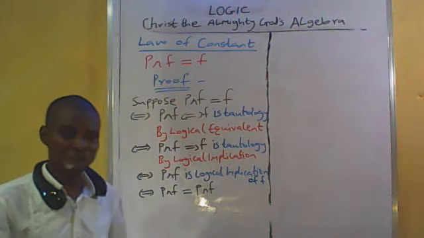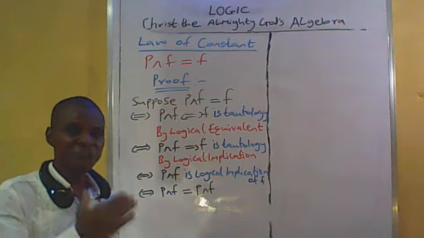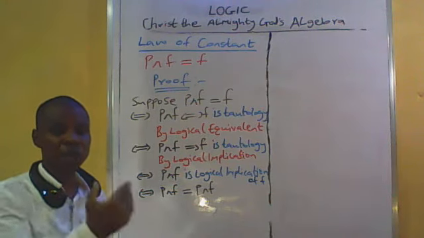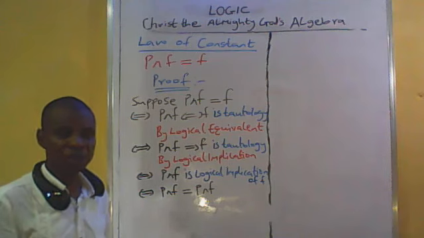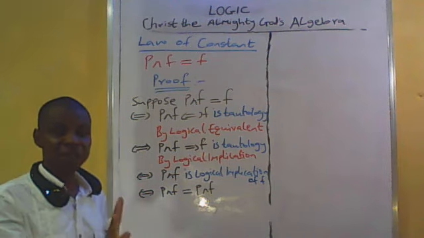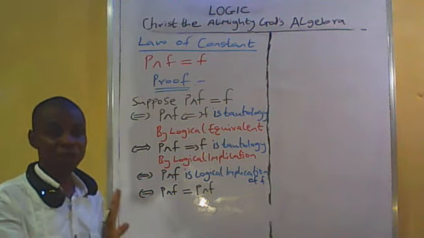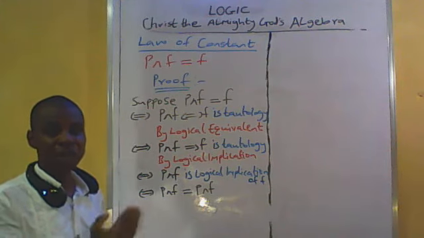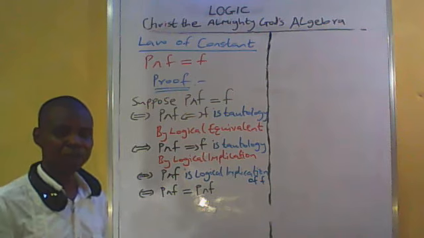In the sense that whenever the left hand side of P and F is true, the right hand side of P and F is also true. In the same vein, whenever the right hand side of P and F is positive, the left hand side of P and F is also positive.